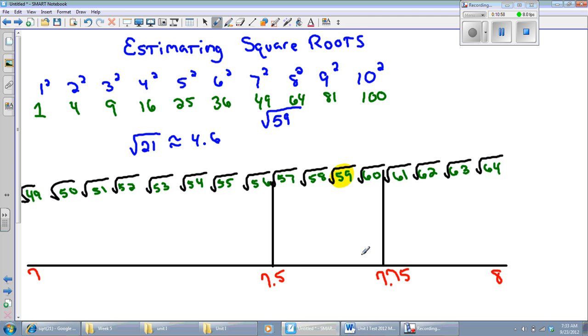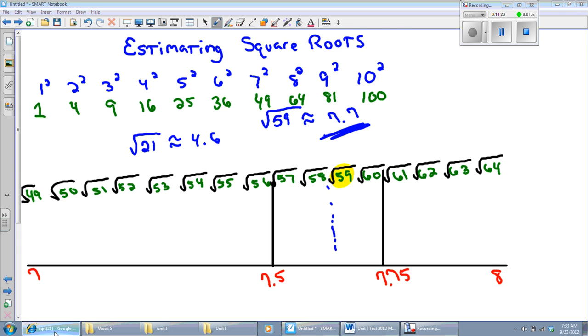And so I'm thinking that the square root of 59, a good estimation for it, will be somewhere around 7 6/10, or maybe even 7 7/10. And since it's not exactly in the middle, I'm going to go ahead and push it up a little bit, and I'm going to say 7 7/10.